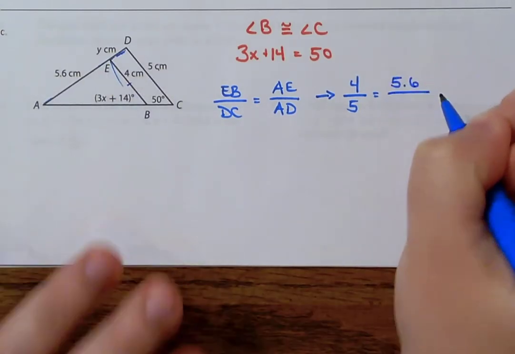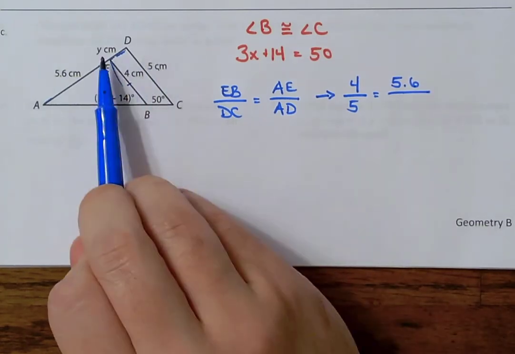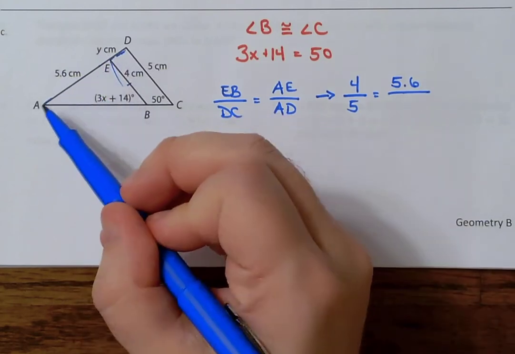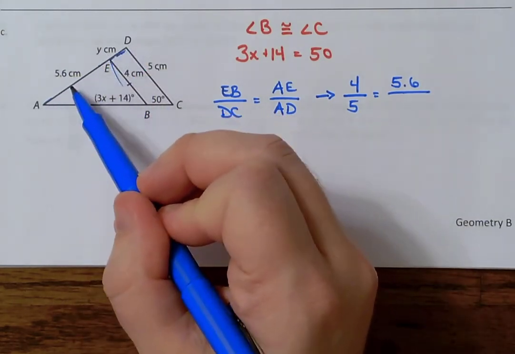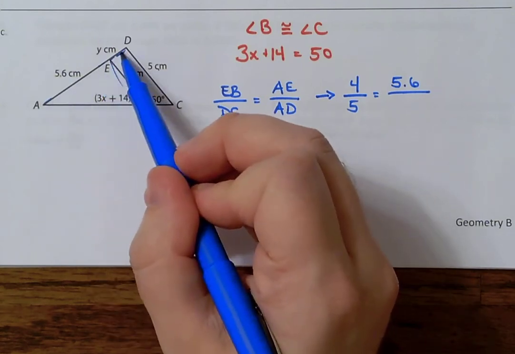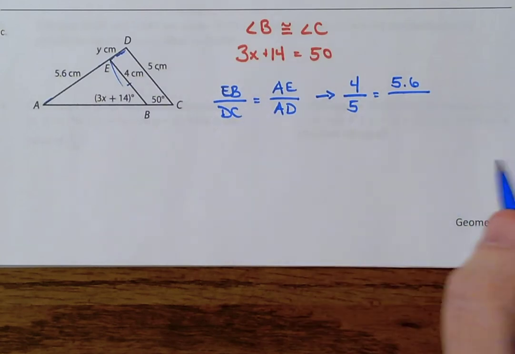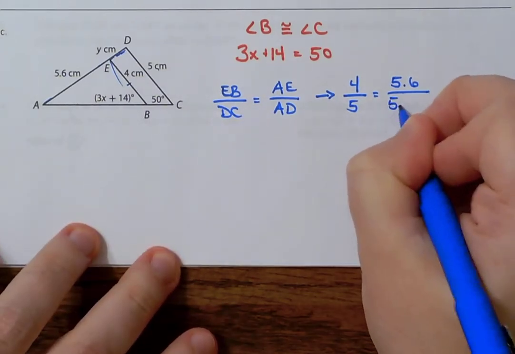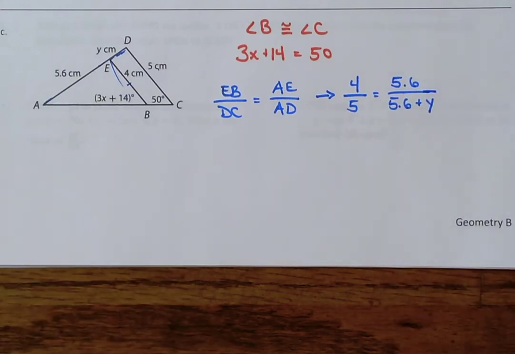And then the key for this problem here is for AD, it's not just y, but AD is this whole thing of 5.6 plus y, because it's AE plus ED. So we need both of these parts. So it's going to be 5.6 plus y. And then that's going to be your proportion.